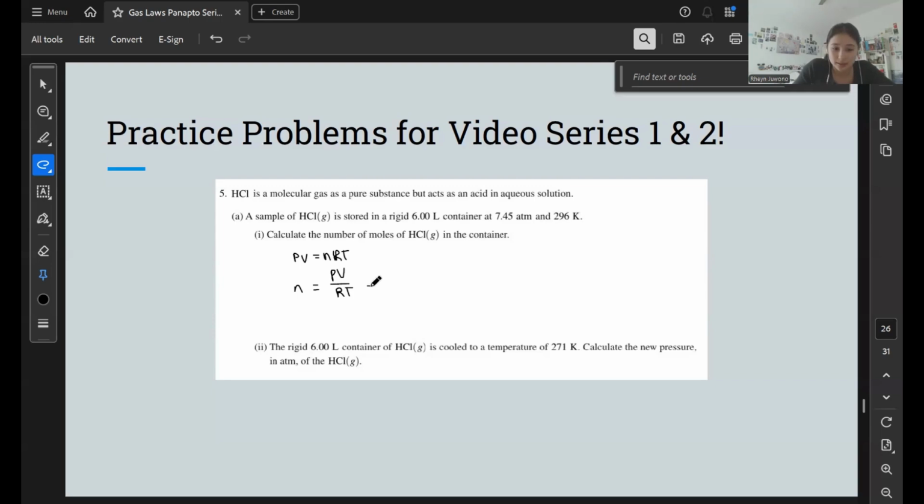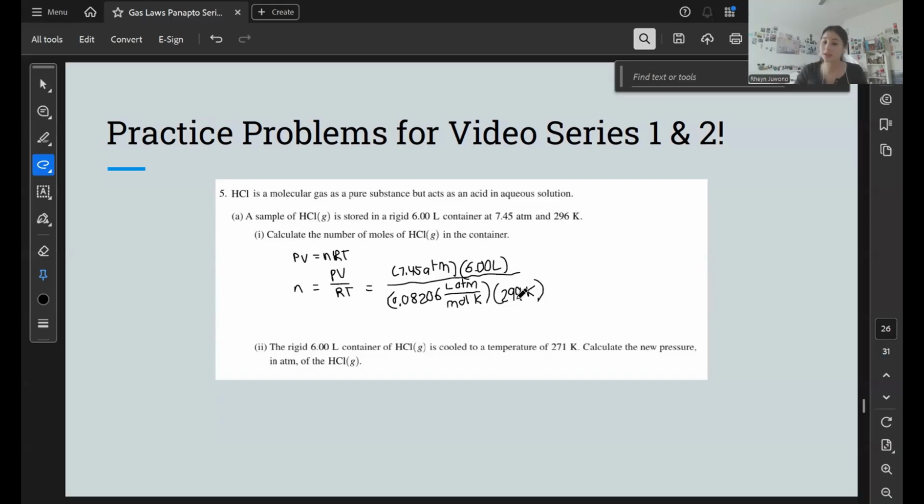So we can say that n is equal to 7.45 atm times 6.00 liters, all over R, which is 0.08206 liters atmospheres over mole Kelvin, and then times 296 Kelvin.